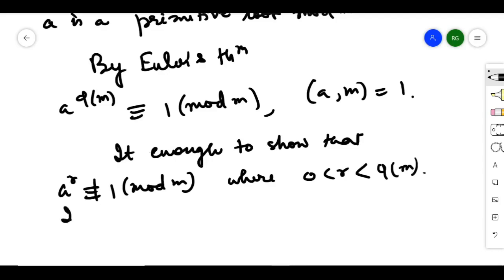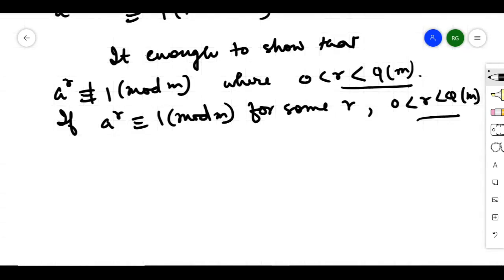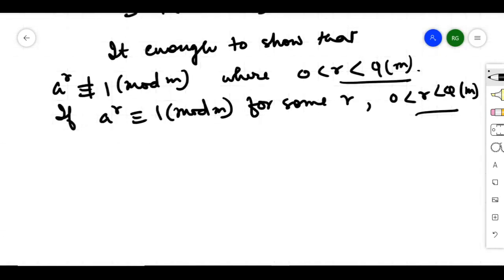Now if possible, let a to the power r be congruent to 1 mod m for some r which lies in this range. I cannot say interval because r is not a real number, r is an integer. Then a to the power r is congruent to a to the power phi m mod m.